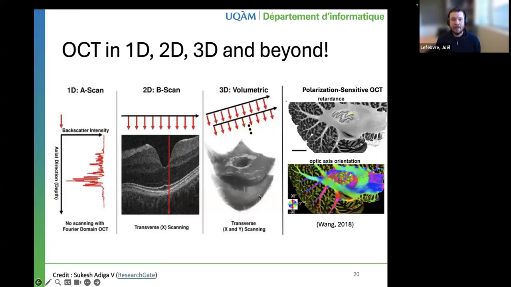If you measure other properties with OCT, for example the effect of the sample on polarization, you can do what we call polarization sensitive OCT, where you can measure directly from the signal the 2D orientation of the fibers within the plane. So why use OCT for neuroimaging?